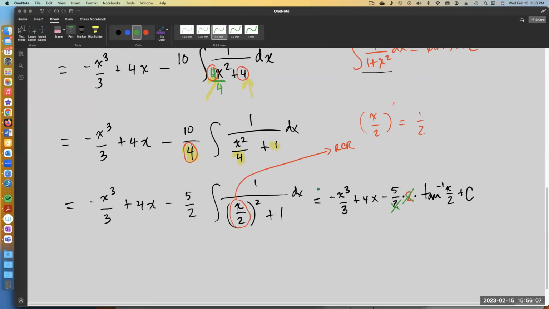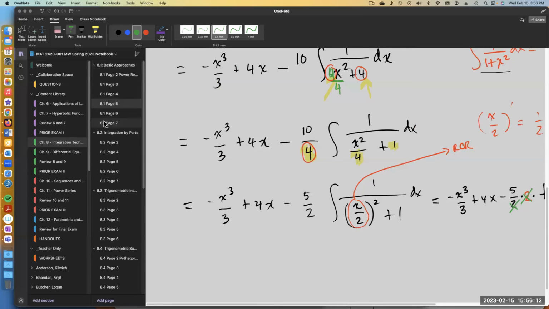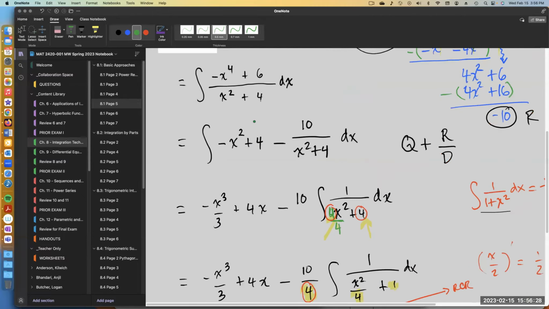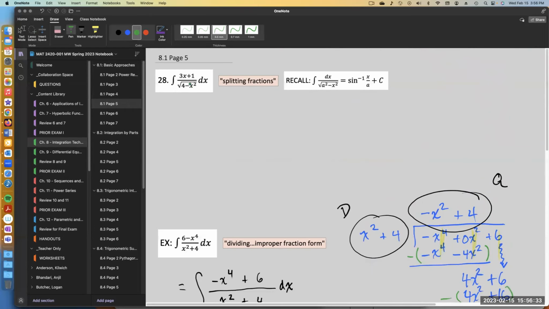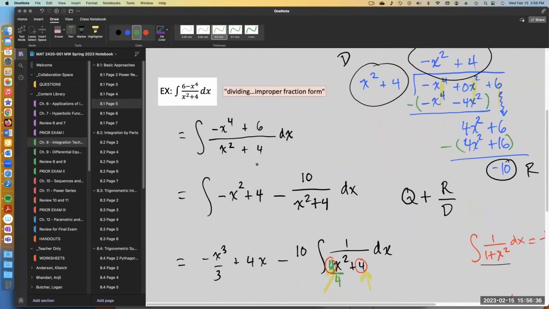That's a really good question. This section is a hodgepodge of slightly one-off strategies, and for the most part, there's not a lot of variation. Like with this one, we have to do long division. With this one up here, we're going to do something called fraction splitting. So this section is not quite so procedure-based like you're referring to.